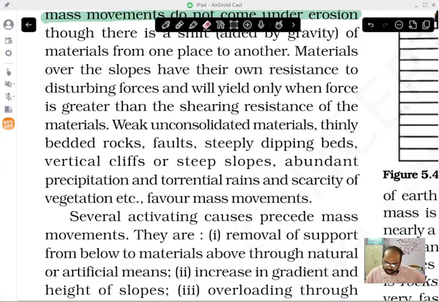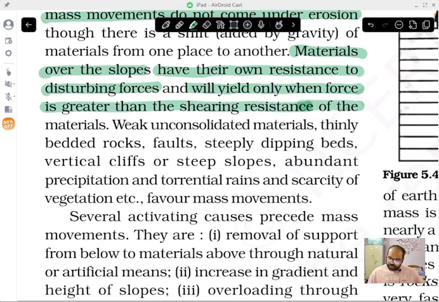See, materials over the slopes have their own resistance to disturbing forces and will yield only when the force is greater than the shearing resistance of the materials. See, it is a rock, for example, on a slope.